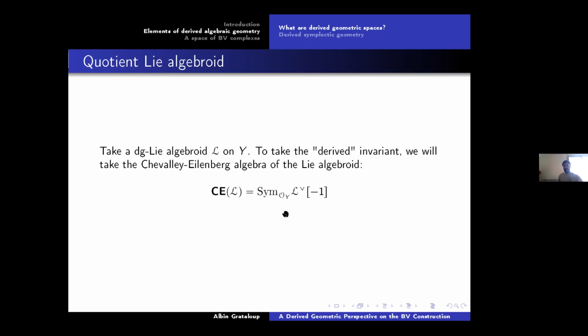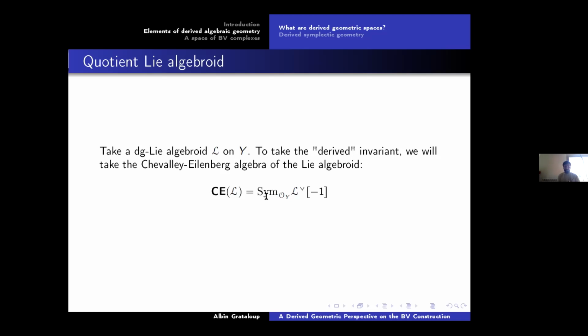H0 of this Chevalley-Eilenberg algebra is going to represent the algebra of invariants, strictly speaking, and therefore we can think of this Chevalley-Eilenberg algebra as a derived enhancement of taking the strict quotient.